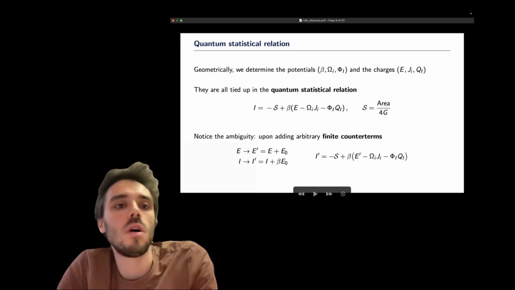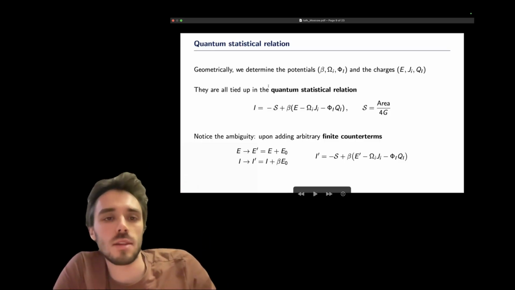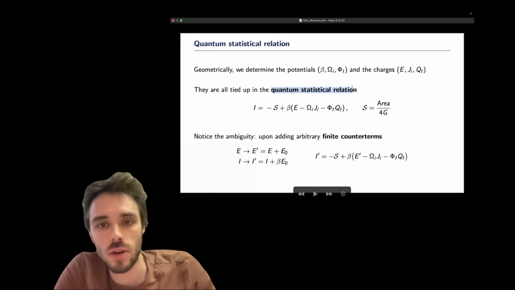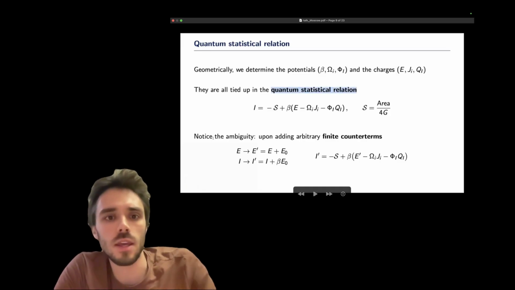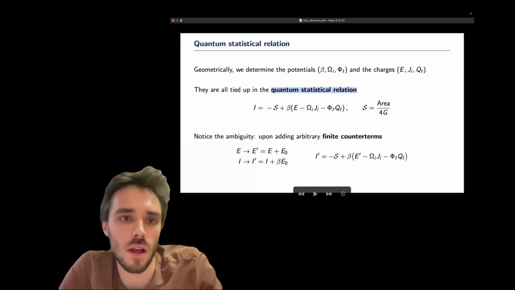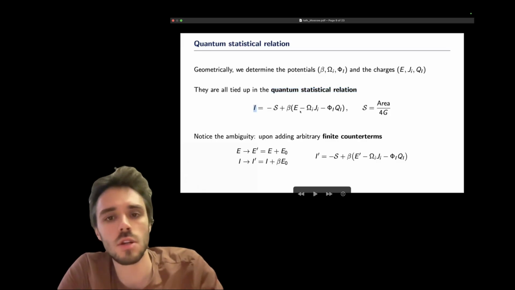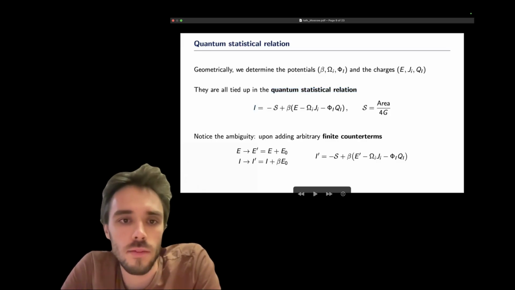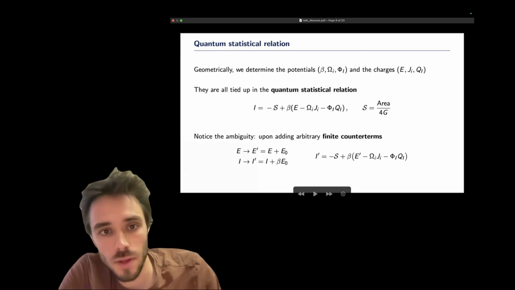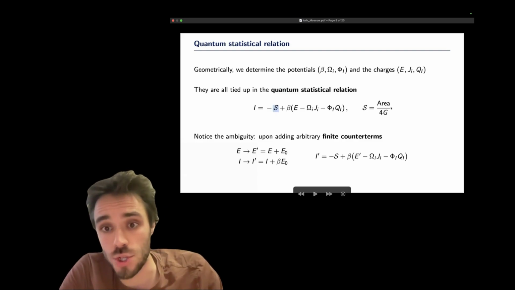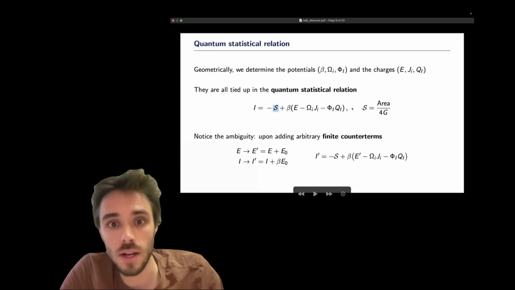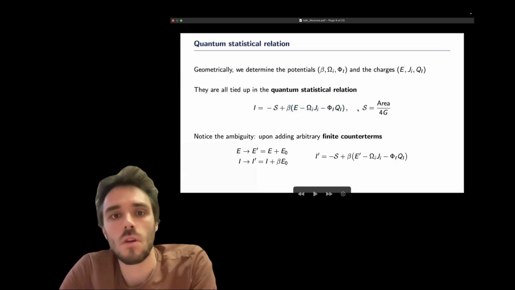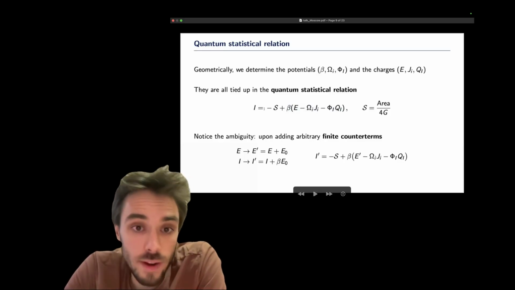And now all of these objects have to satisfy the so-called quantum statistical relation, which says that the Euclidean on-shell action should be given by the entropy, area over G, which you can also calculate geometrically, and this combination here. And now you want to verify if this is true.